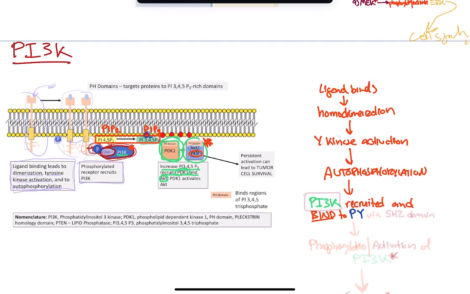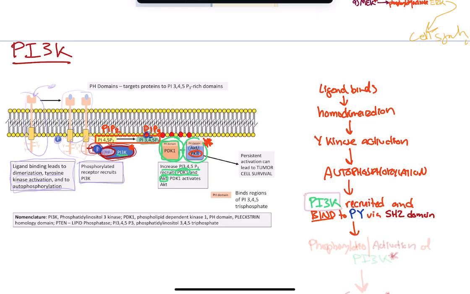Whatever the phosphorylated tyrosines, wherever those are. Bind to the phosphotyrosines, and that's going to be via the SH2 domain, which we should know by now.